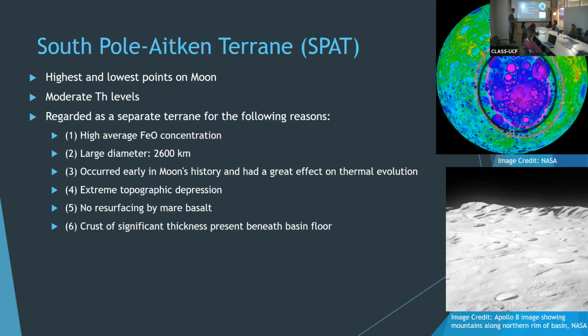This further supports the slow impactor theory. But what's also interesting is that the thickness modeling indicates there is significant crustal material below the basin floor. Even though the impact would have evacuated well into the mantle, the crust is still pretty thick below the basin floor.